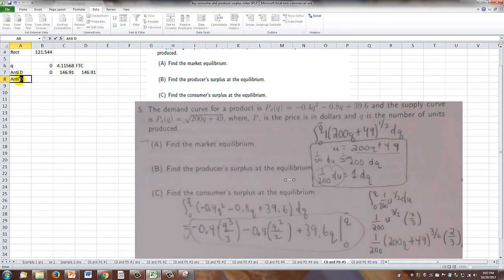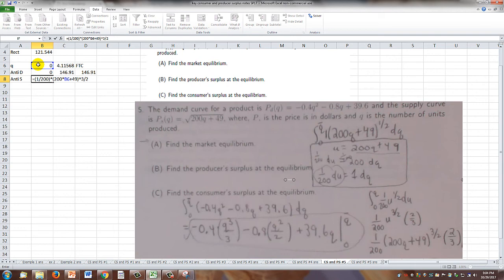And then the anti-supply, we found it down, it's right here. So it would be parentheses 1 divided by 200, close parentheses, times parentheses 200 times Q plus 49, raised to the 3/2 power. Again, if you do this, you will get it wrong.